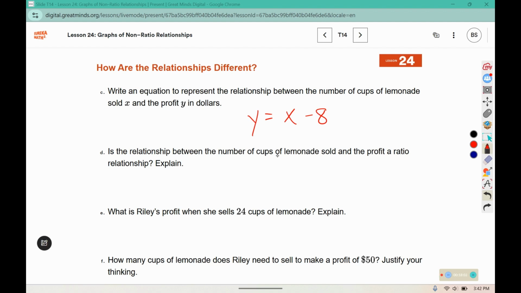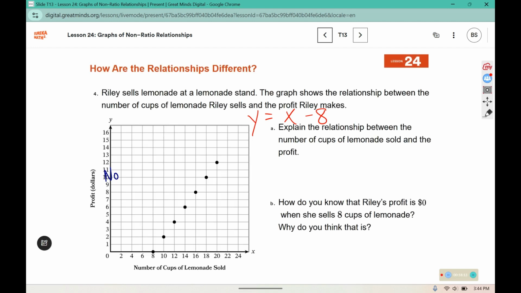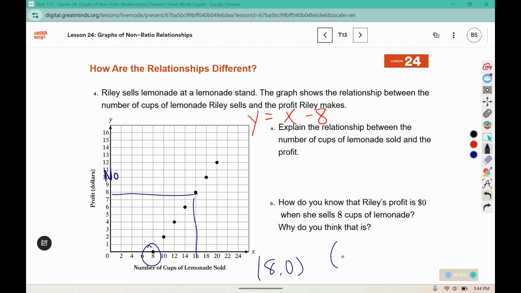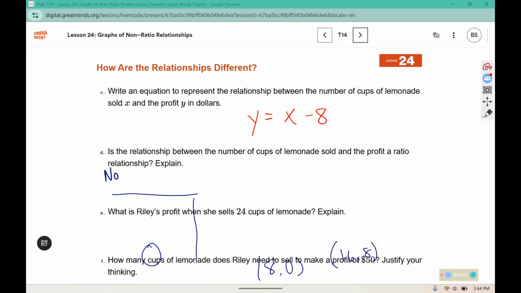Is the relationship between the number of cups of lemonade sold and the profit a ratio relationship? No. If we go back to the table, or the graph, you can see there's this point 8, 0, and then there's also 16, 8. In a ratio relationship, you would be able to multiply.